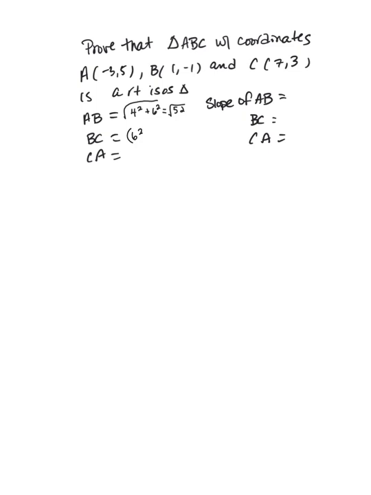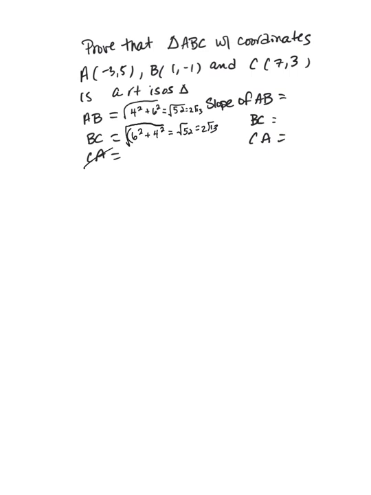And -1 is 4 away from 3. So the square root of 52. Okay, you could simplify these if you want. This is 2 rad 13, 2 rad 13. I don't care about CA because I already got enough information to prove that it's isosceles.